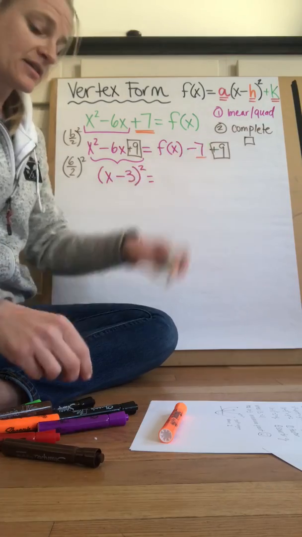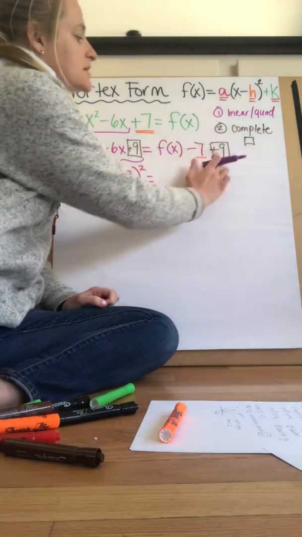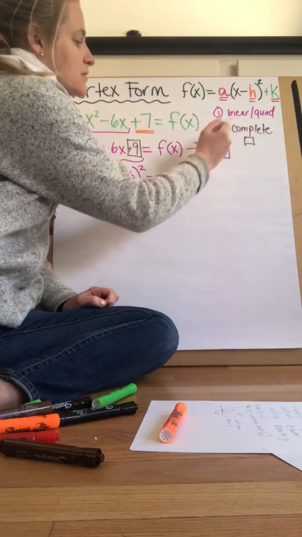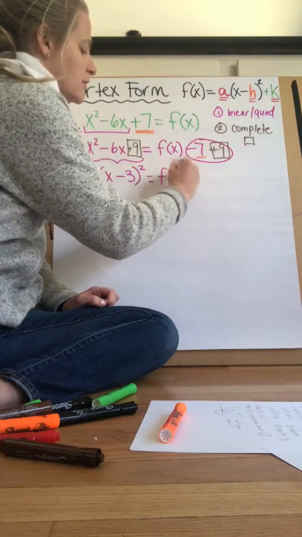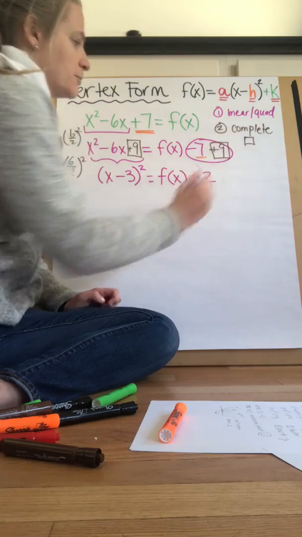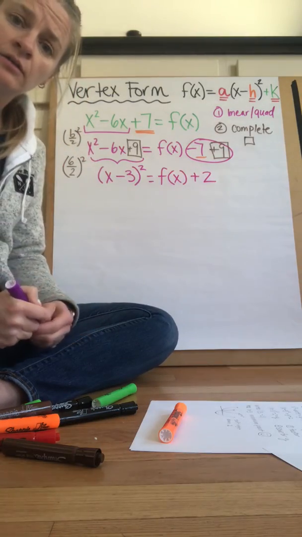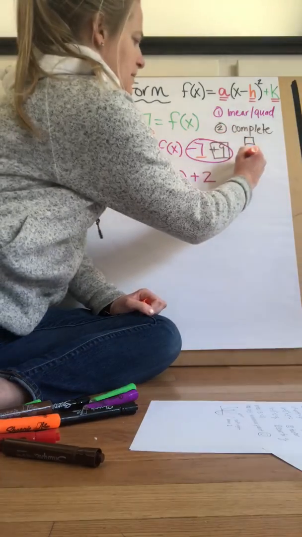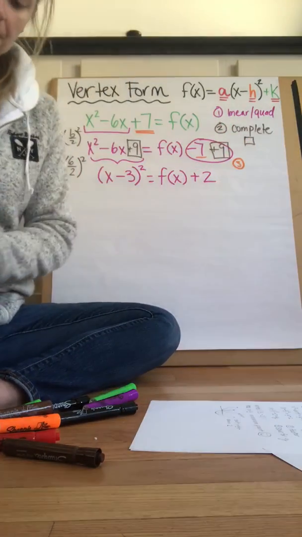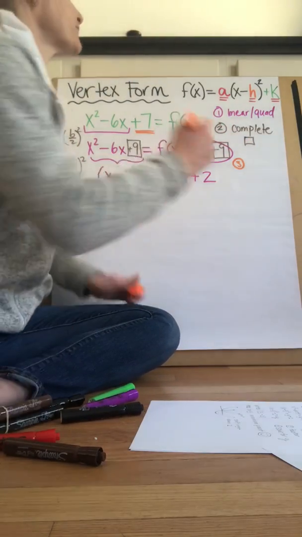This is f of x. Now you've got minus 7 and plus 9. So this minus 7 plus 9 is going to combine to give you plus 2. Okay? So my next step down here was to factor, so step 3 is to factor.